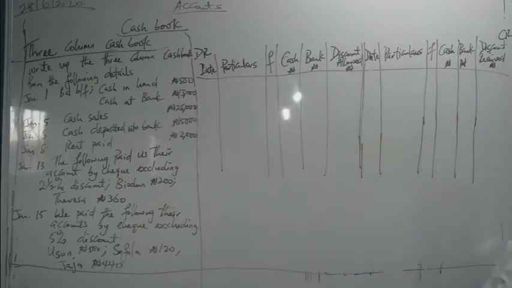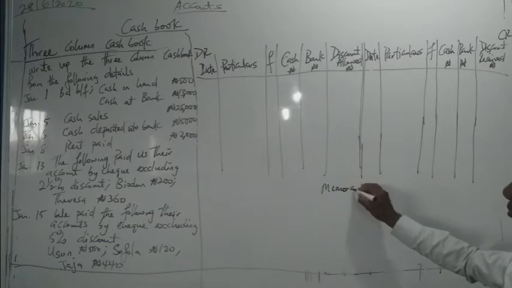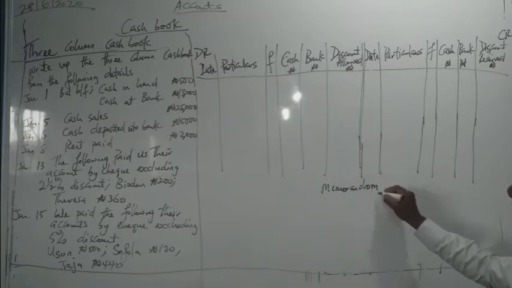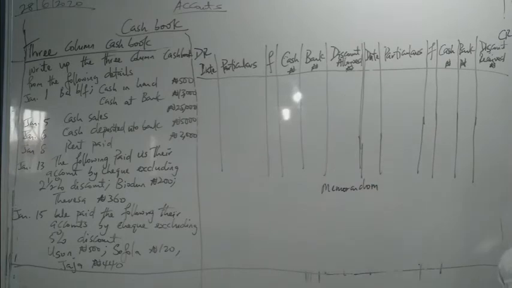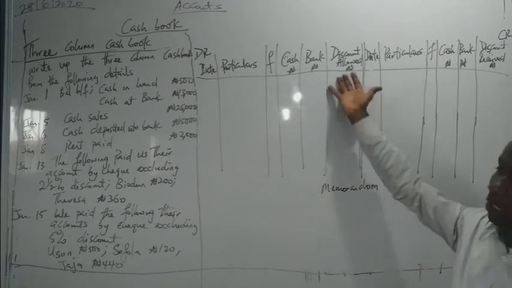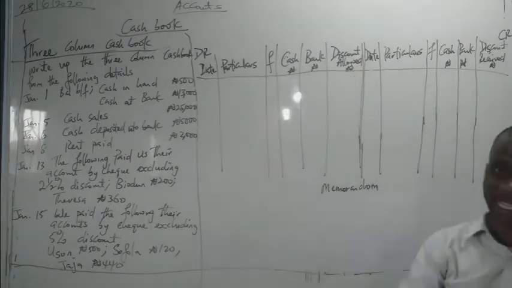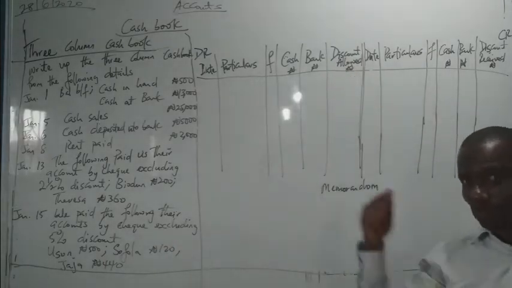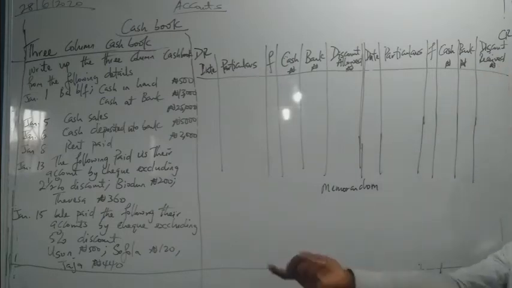These 2 are not accounts, they are memorandum. In accounting, what we mean by memorandum is they are just put here for collection's sake. What do I mean? To know all the total discount you are given. Remember, discount allowed is discount given to who? To the debtors. But discount received, even from that word received, means the discount the creditors give you.